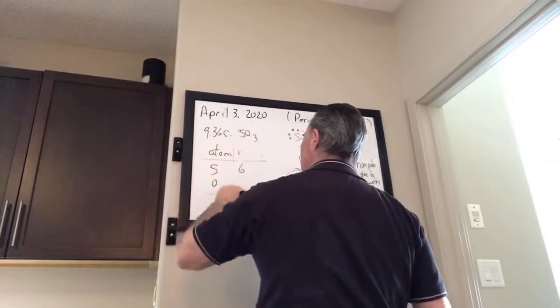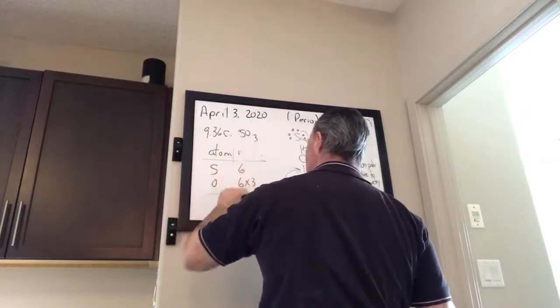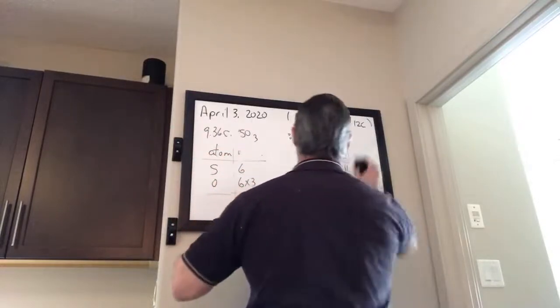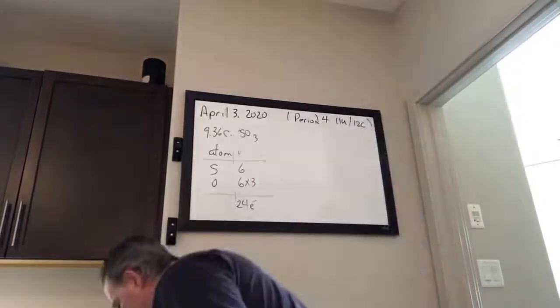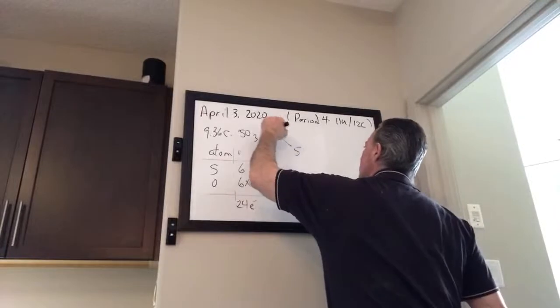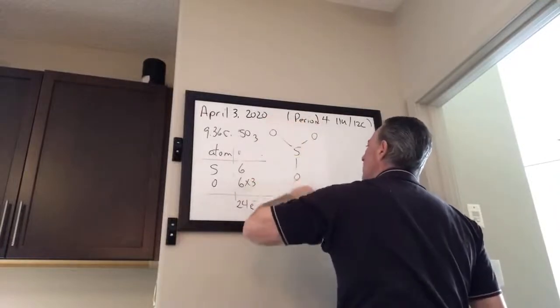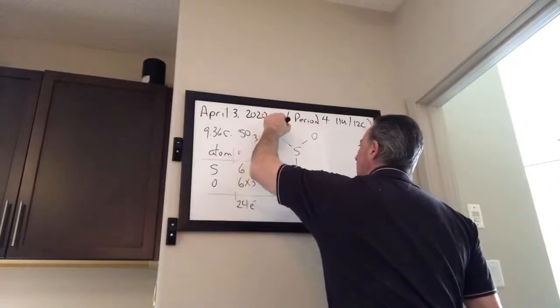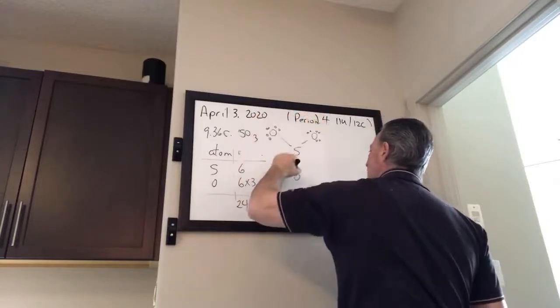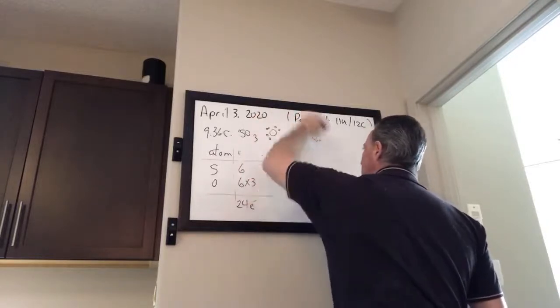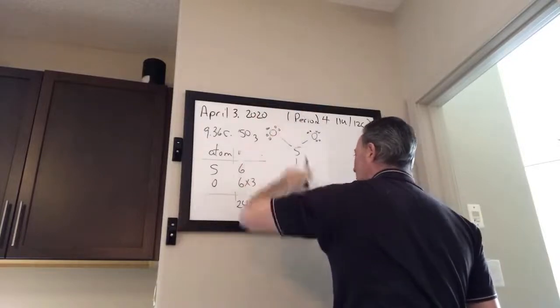So 6 for the sulfur, 6 for each oxygen, of which there are 3, so 24 electrons. And if you draw the Lewis structure, it looks like this. And if you give octets to each one of the oxygen atoms, you're going to use up 6 times 3, 18, 20, 22, 24.